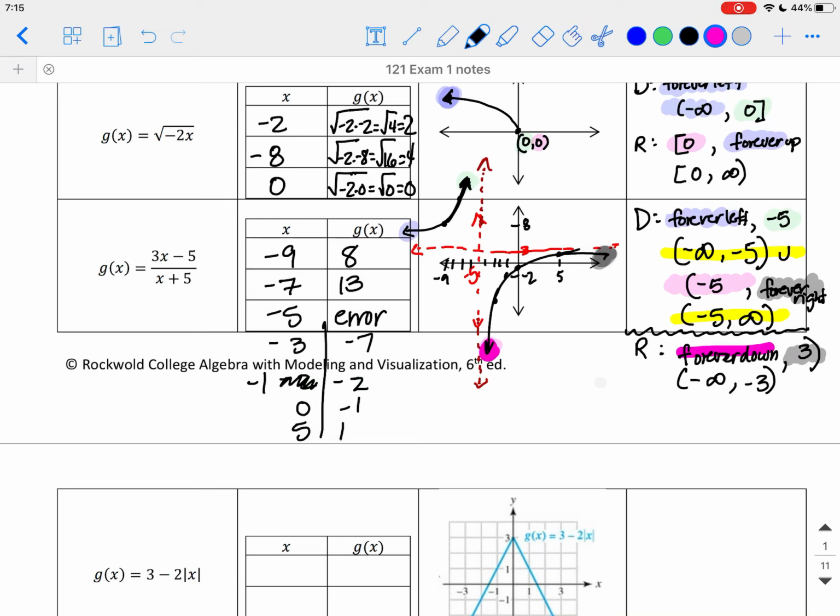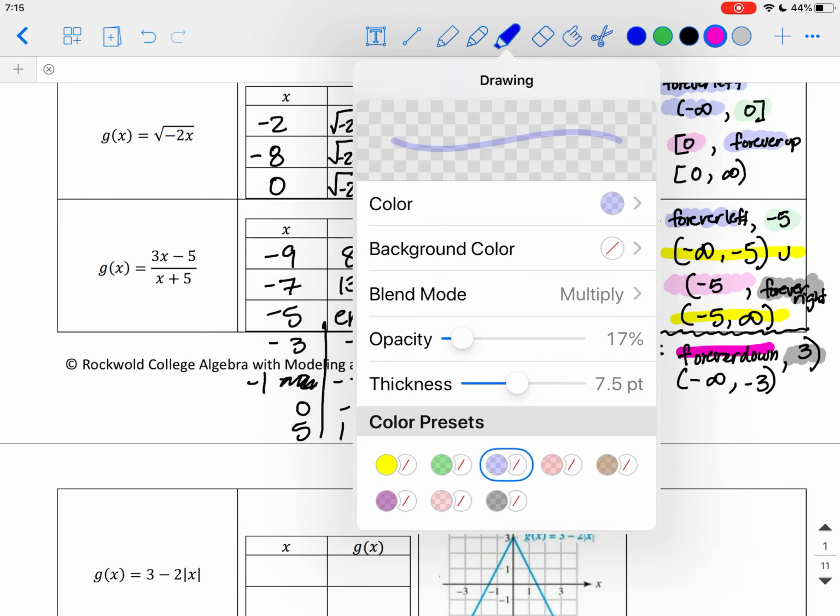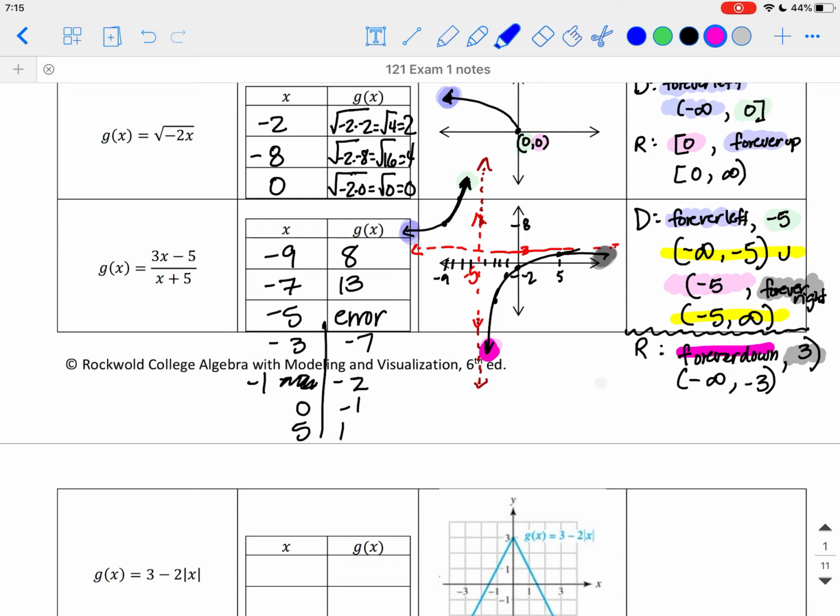And for the second part of the graph, let me use a highlight here. This part, the lowest y value is trying to get really close to 3, but it never does.